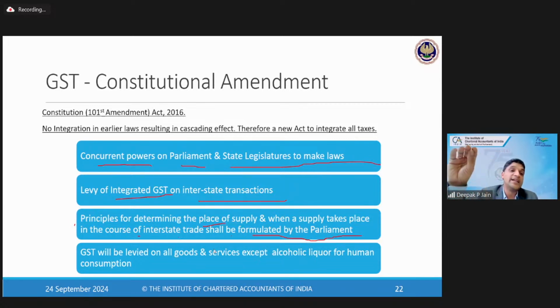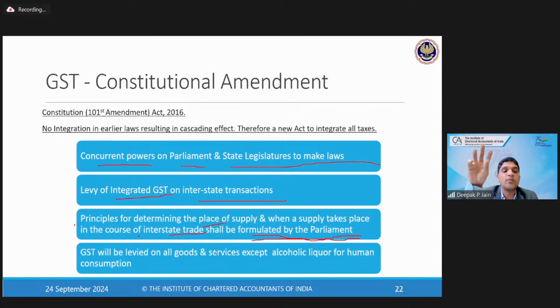So if you see the integrated tax, IGST law, it has specific provisions, sections 10 and 11, which decide the place of supply of goods, and sections 12 and 13 for place of supply of services, based on the nature of supply. The principles for determining the place of supply and when a supply takes place in the course of interstate trade shall be formulated by the Parliament.